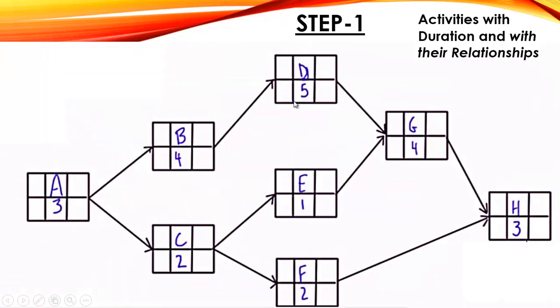So here in step 1, the activities are shown with their durations and their relationships. For example, activity A with its duration, and activities B, C, D, E, F, all the activities are given with their durations, and all are shown with their relationships, like what activity comes after what.